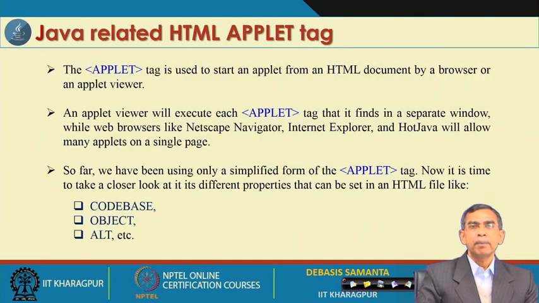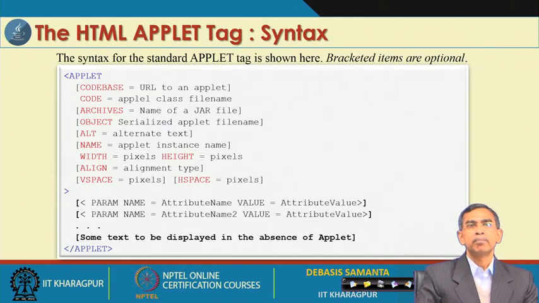Now, see applet code. Whenever it was initiated, applet code had many other parameters for the complete specification of an applet. Some of the specifications are optional and some are necessary. Those that are optional are written in square brackets.